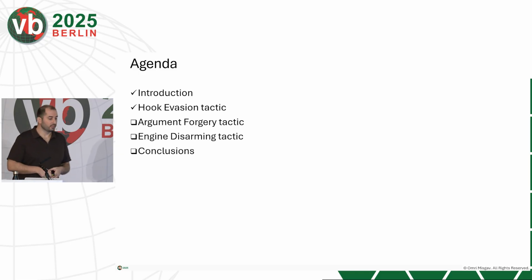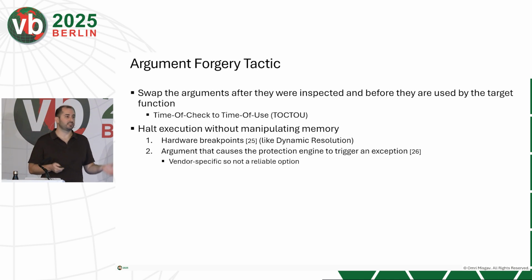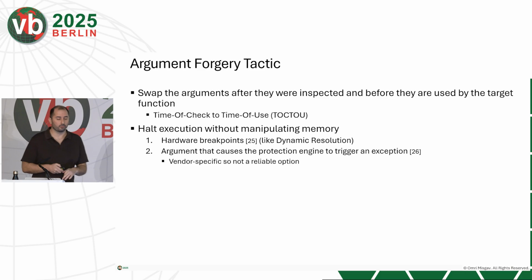All right. So we finished with the major part of the session. Now we're going to cover two newer tactics that are being used. We start with argument forgery. For it, the concept is different. Here the attacker won't try to evade the hook, he'll just go through it.